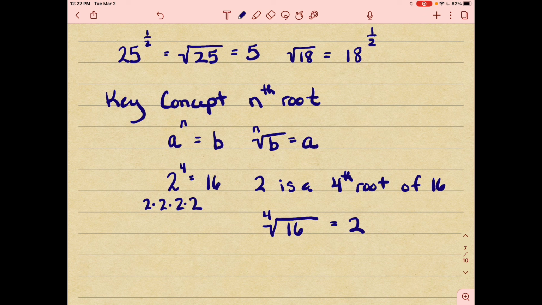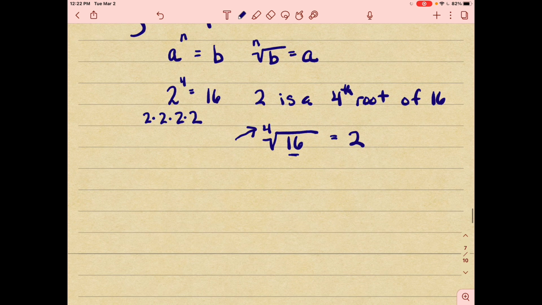So whenever we have a root of something that's not a square root, we can have any root, but we'll be trying to find what number multiplied that number of times will give us the number that's underneath here.